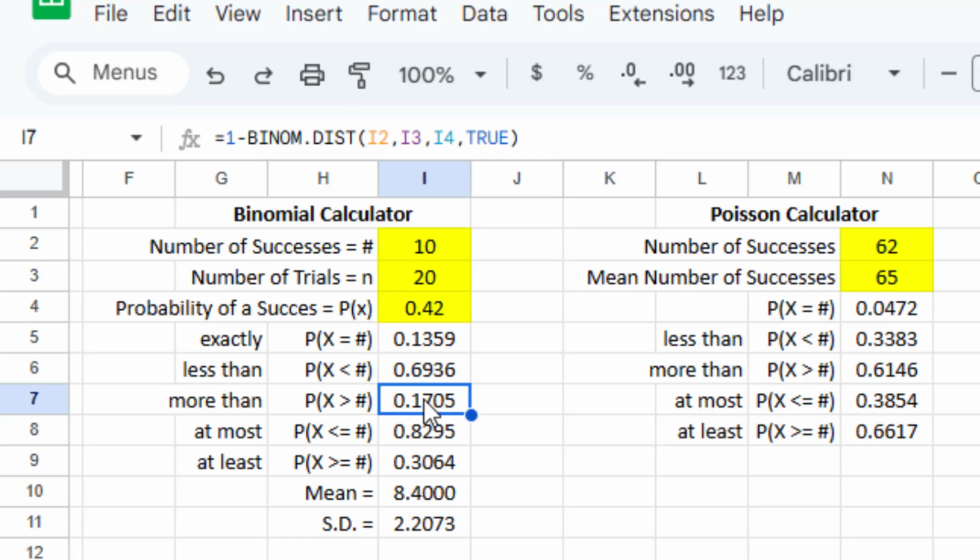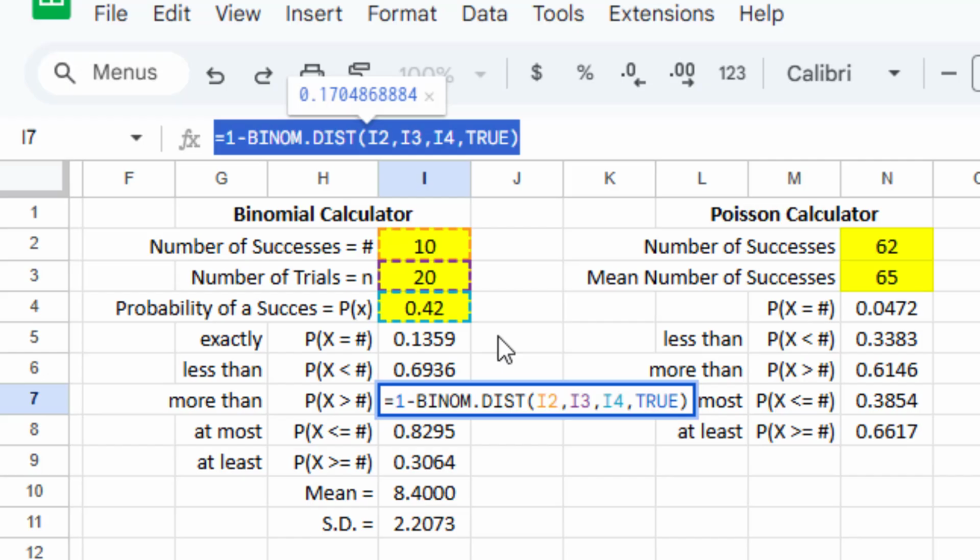So if we can calculate the probability of a clump of those and subtract that from 1, that will give us the probability of the other clump, right? Whatever's left over. So if we want everything greater than 10, all we have to do is calculate the probability of being 10 or smaller and subtract that from 1, which is what we do here.